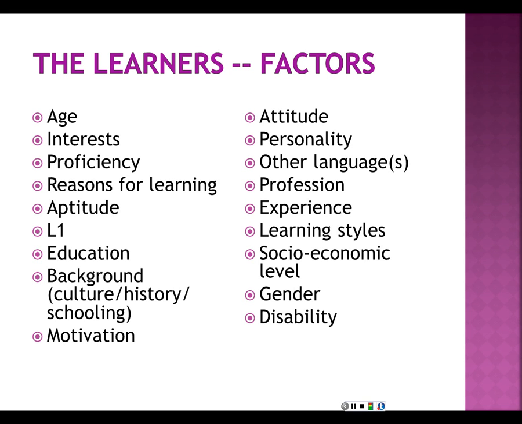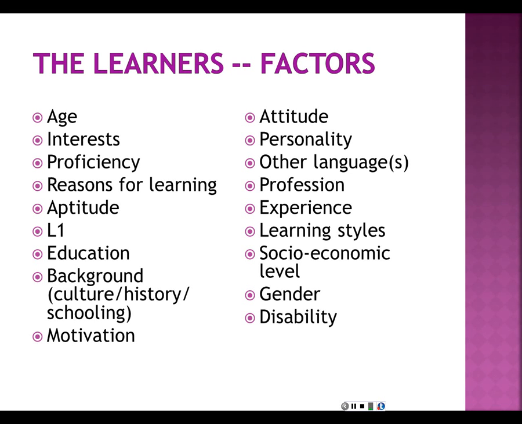Other background information on their culture, history, and the type of schooling they have received. Motivation is critical, so you should try to assess their motivational factors. Their attitude toward learning is important, as is their personality in terms of being a very sociable person or not so sociable.